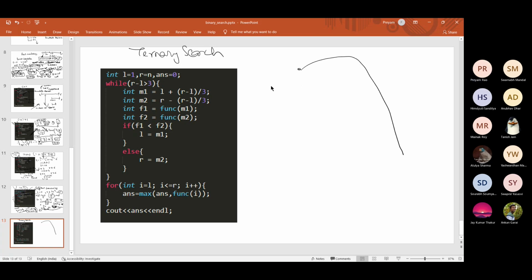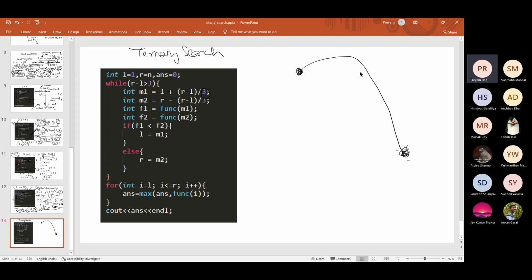this. Now ternary search, unlike binary search, you can see we are dividing by 3 here. Why are we dividing by 3? All of these things are not important right now. You can think about ternary search as a type of search which applies to functions which are parabolic.